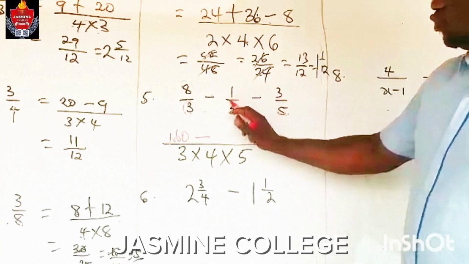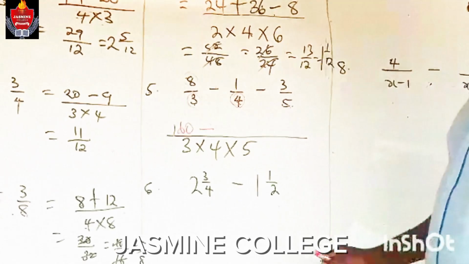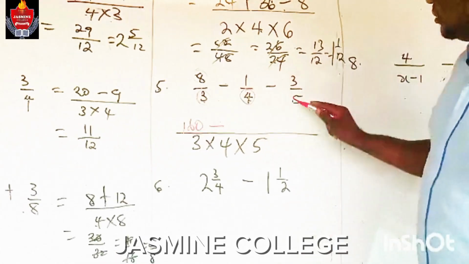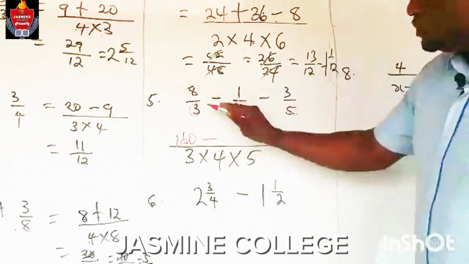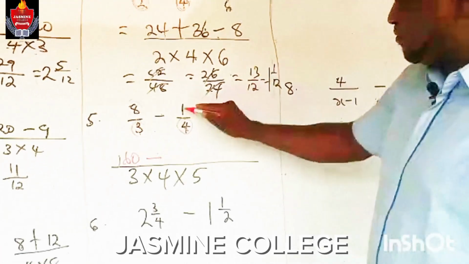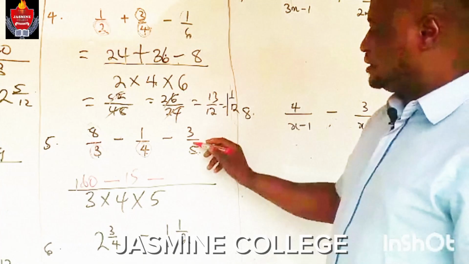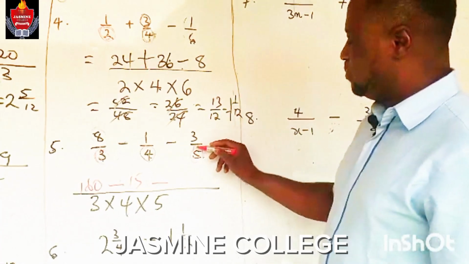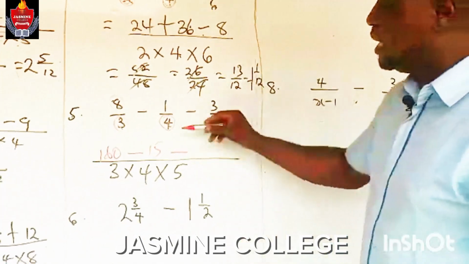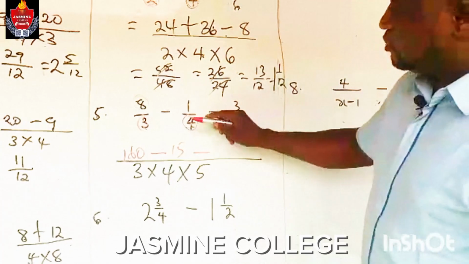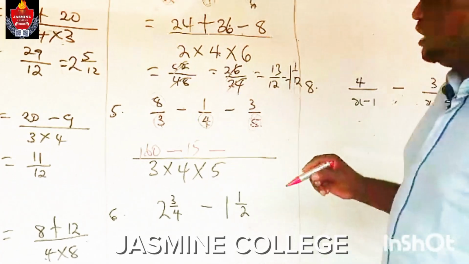Minus this minus. Then we are now here. So block this 4, and then times the remaining denominators together. So 3 multiplied by 5 will be 15. 15 times 1, we have 15. Minus this minus. Now we are now here. This environment, 5 needs to be blocked out, and then multiply the remainders together. So 4 times 3, we give 12.